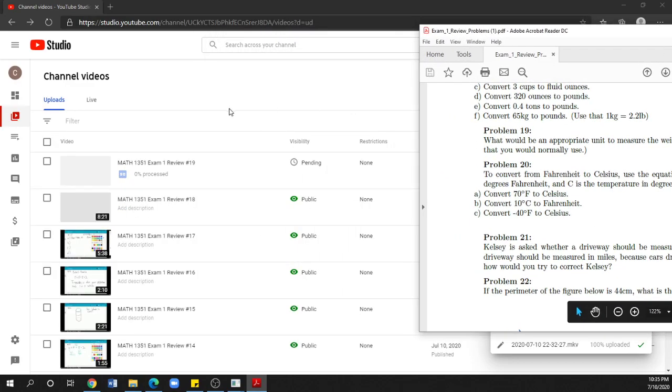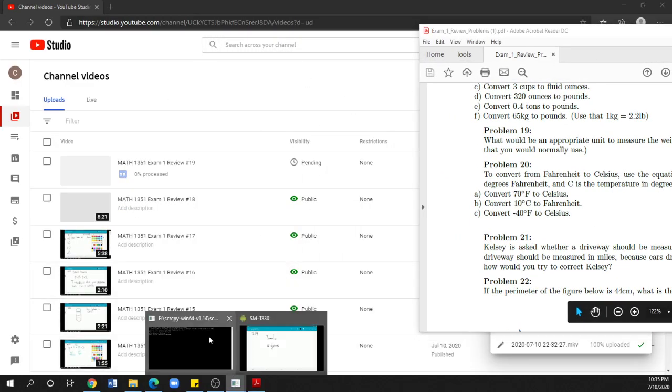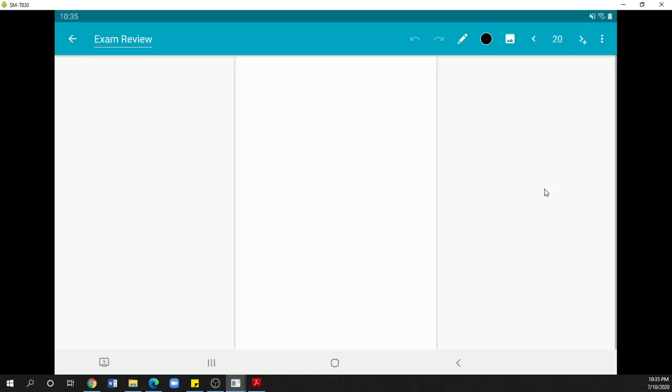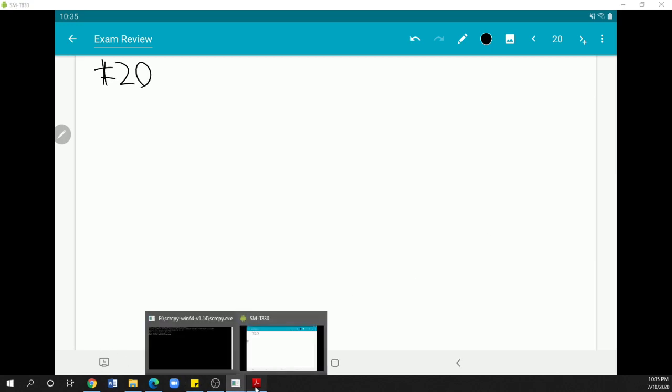Part A converts 70 degrees Fahrenheit to Celsius. Let's go ahead and do that. That was the remainder of problem 19. Here we're at number 20. So first, convert 70 degrees Fahrenheit into Celsius.